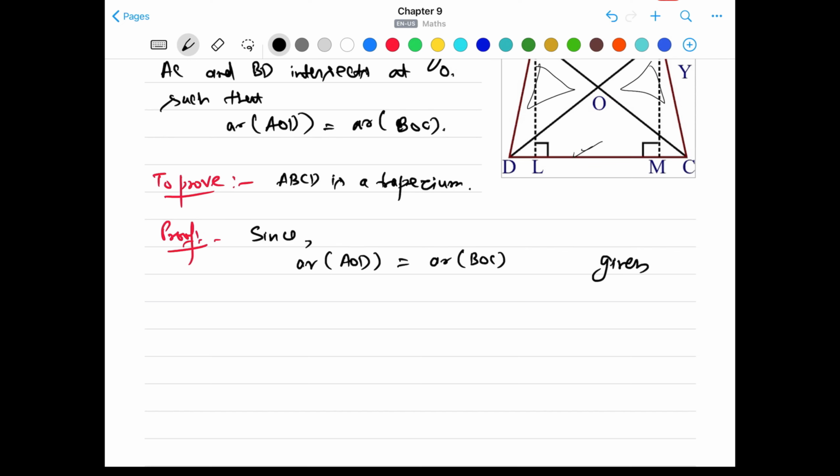This is given. Let's name it equation number 1.